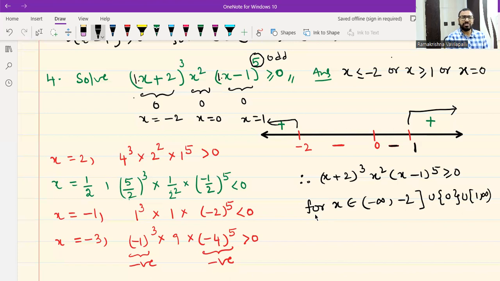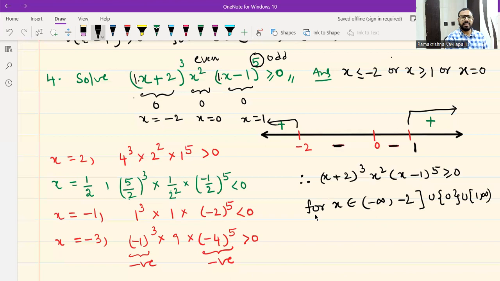Now coming here, 0. It is x square. So the root of multiplicity 2 means the root is repeated 2 times. So this power is even. Then the sign will not get changed. The sign will remain the same. Whatever sign is on the right side of that particular number will come to the left of 0 as well. So the same sign, negative sign, came.